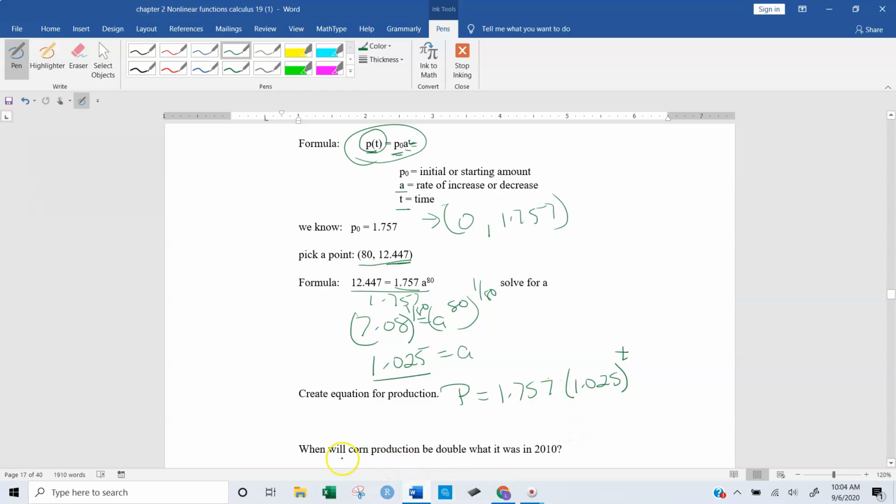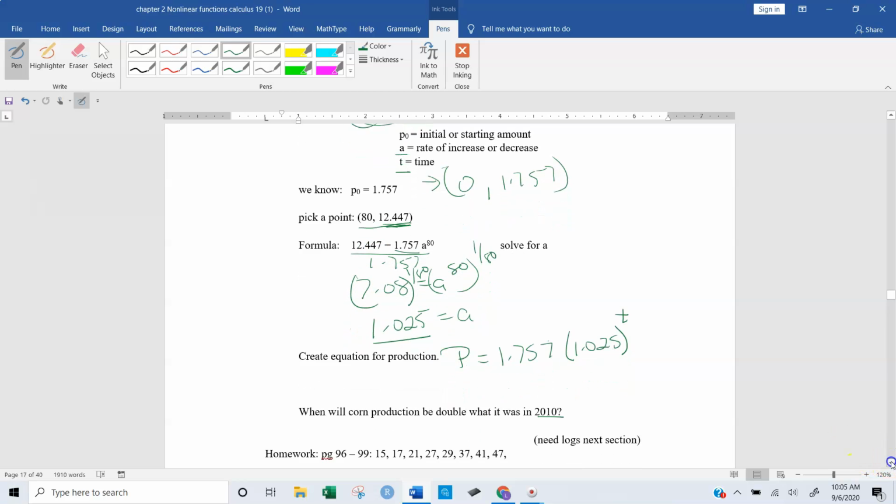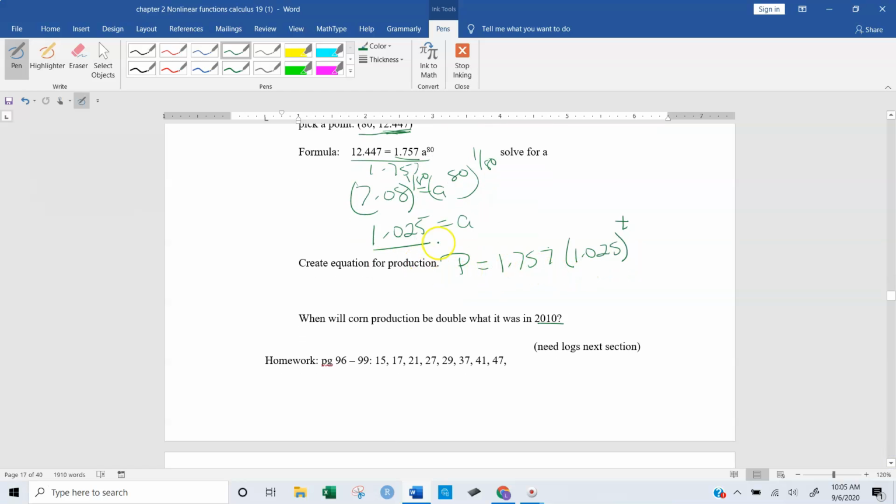So now when I say, well, could corn production be doubled what it was in 2010? Well, 2010, I know it was 12.447. So I need to double that. So I'm going to take 12.447 times 2. I needed more room here, huh? So we're going to take 2 times 12.447 because I'm going to double it.